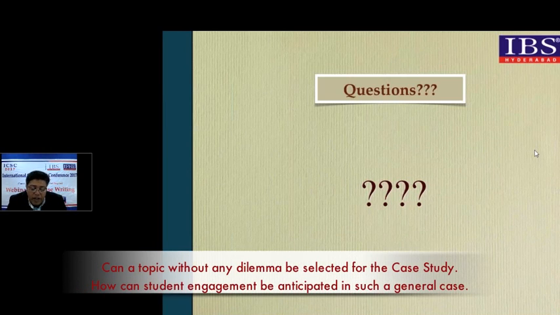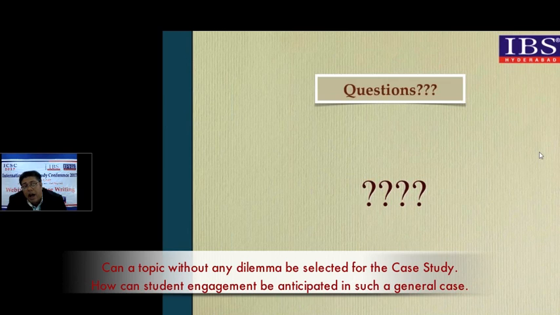Now I have another question: can a topic without any dilemma be selected for the case study? How can students' engagement be anticipated in such a general case? Now, can you have a case without a dilemma? That is the first part of the question.